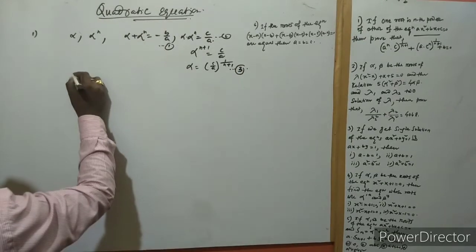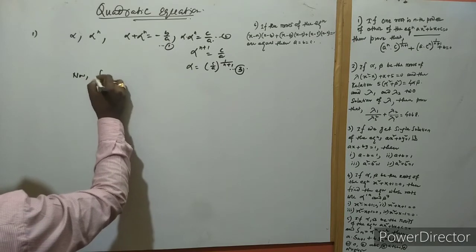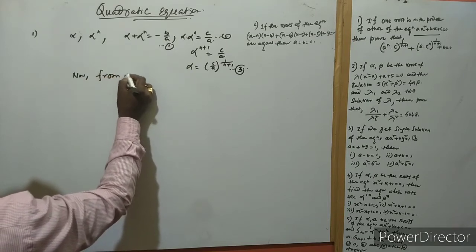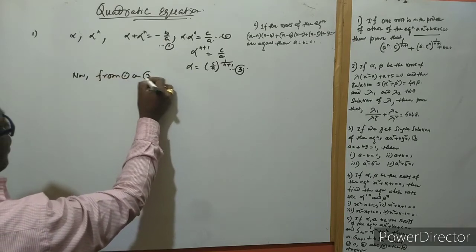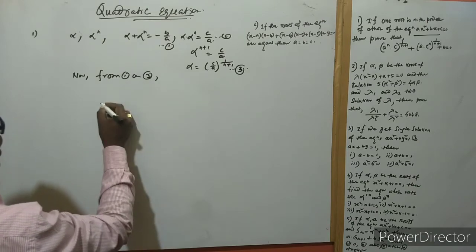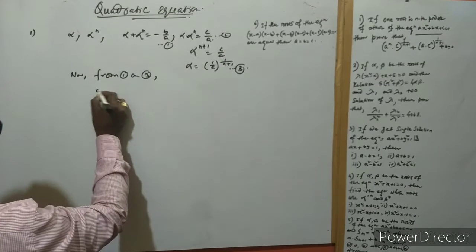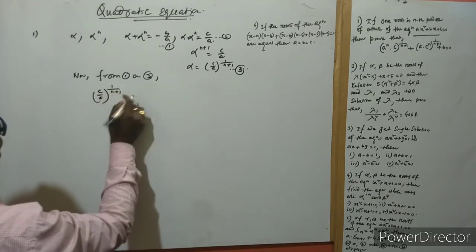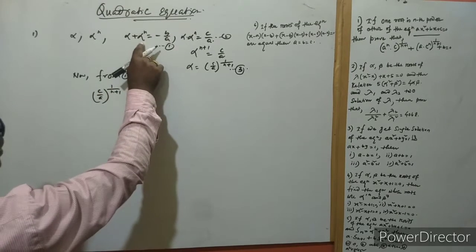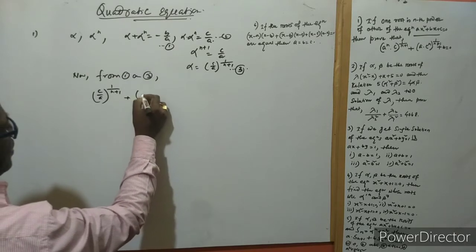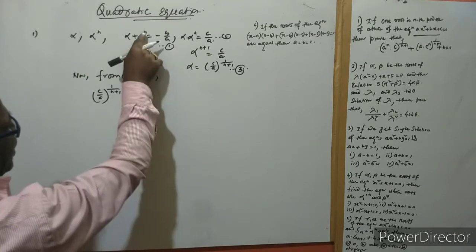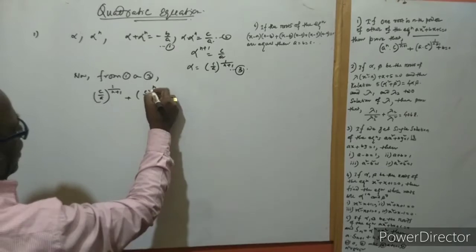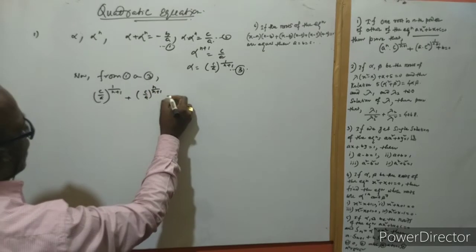Now from 1 and 3, alpha means c by a to the power 1 by n plus 1, and also put the value of alpha in this place, then it is c by a whole to the power, this is power n, so this is n by n plus 1, and this is there minus b by a.